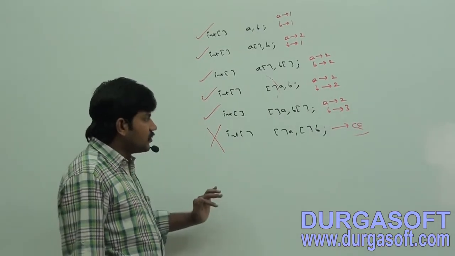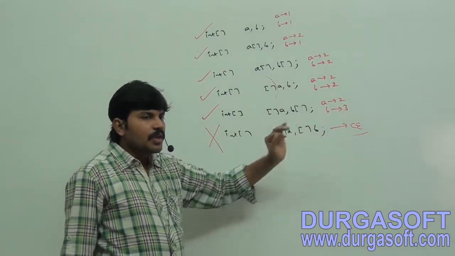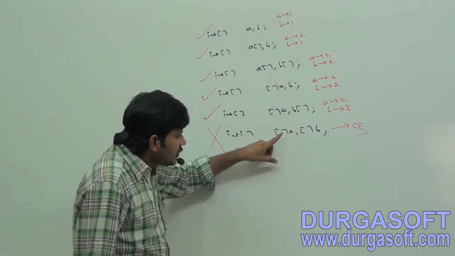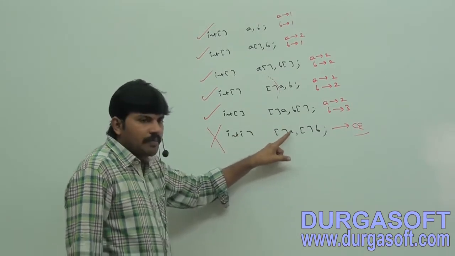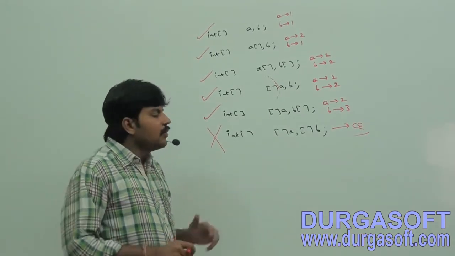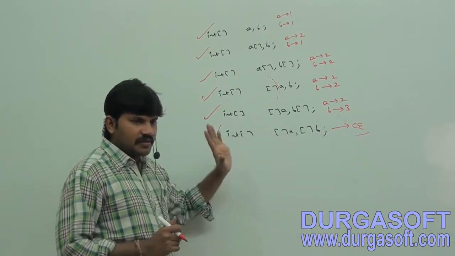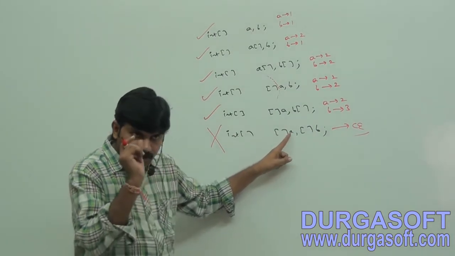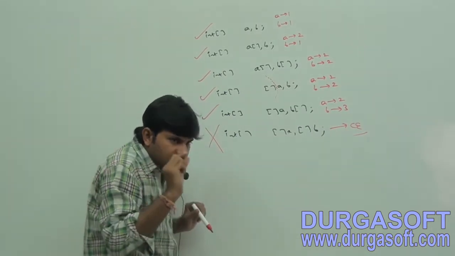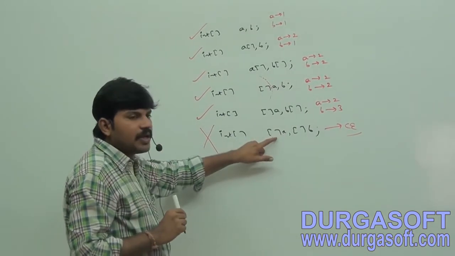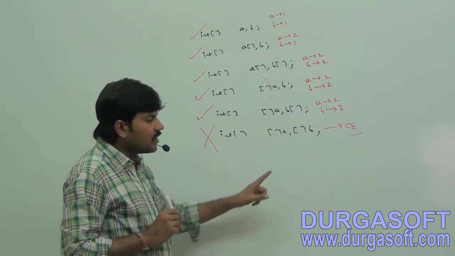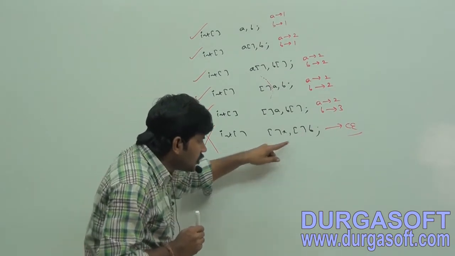What is the conclusion here? If you want to declare the dimension before the variable, this rule is applicable only for the first variable in a declaration, because I will ignore this space and consider it. But if you try to consider it for the others, it is totally meaningless.